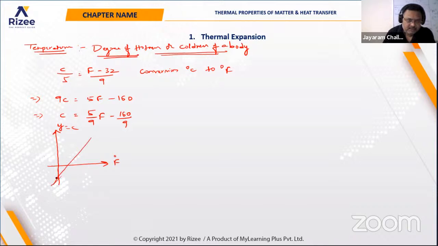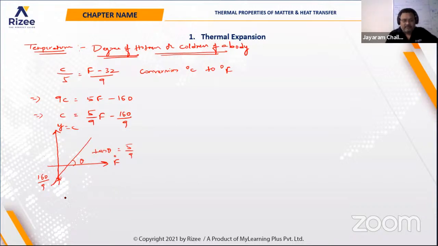It's a straight line intercepting at this point, which is going to be 160 by 9, and your slope, tan theta, is equal to 5 by 9. The same thing can be turned around, taking F on the y-axis and C on the x-axis also.